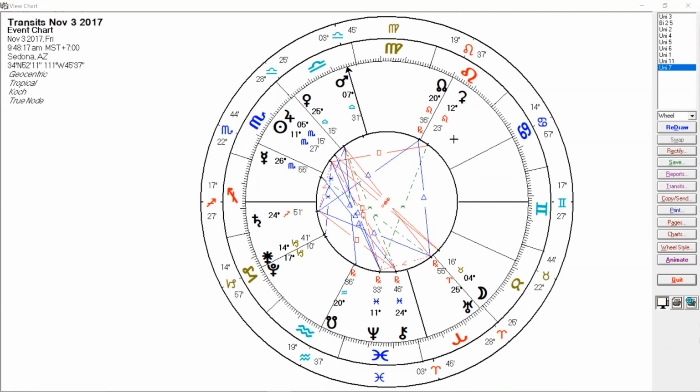There is an element of free will that allows the person to utilize whatever is in the chart in a different way. So two people born with the same chart will not necessarily express this energy the same way.